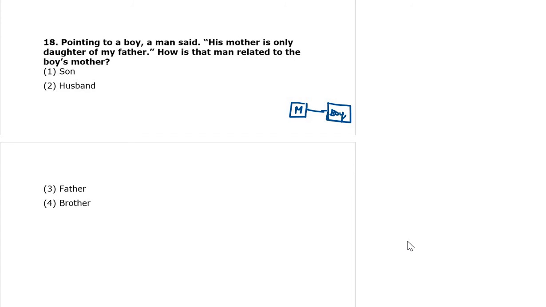His mother. So his mother, previous generation, circle, the boy's mother. His mother is the only daughter of my father. Previous generation, father. Only daughter, and he is a son. Son, daughter, father.